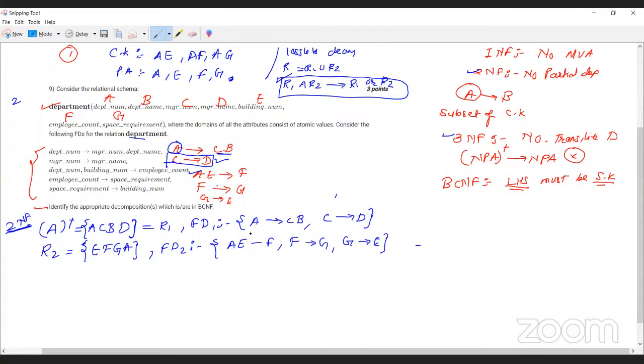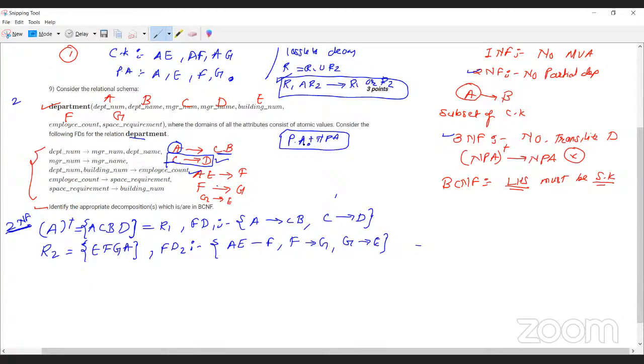Just one other question. In case there is any partial dependency where on the left-hand side one is a prime attribute and another is a non-prime attribute, what will we do in that case? Will we treat it as a partial dependency?